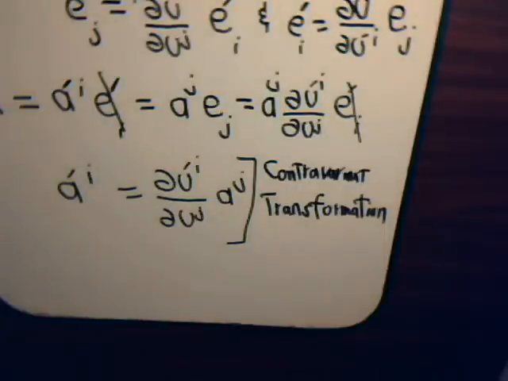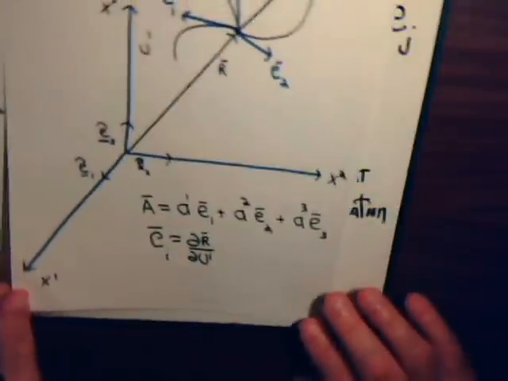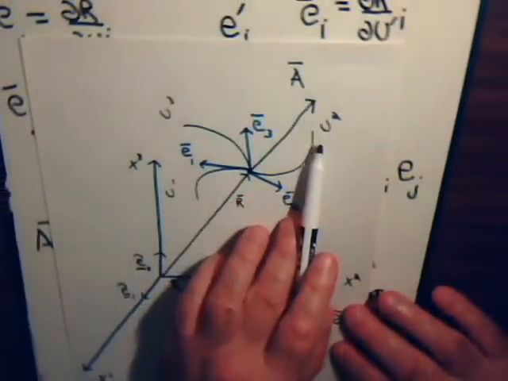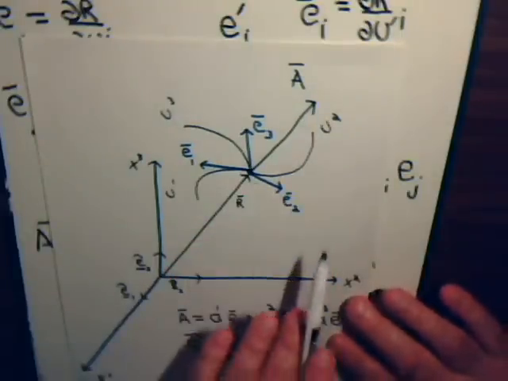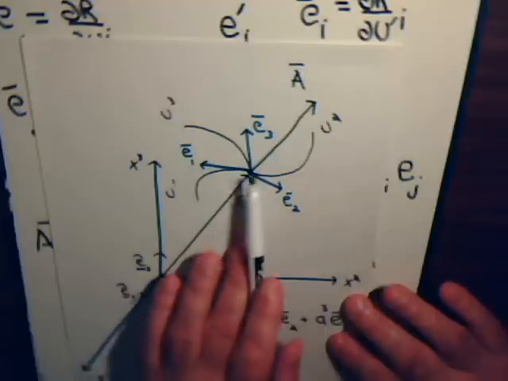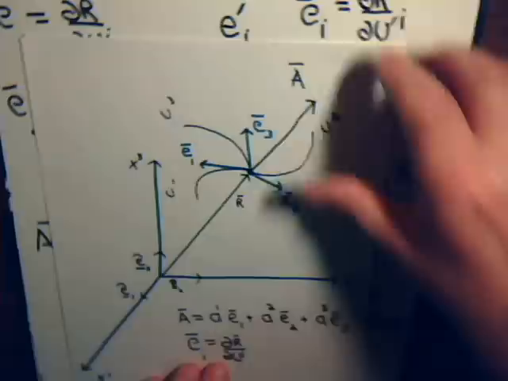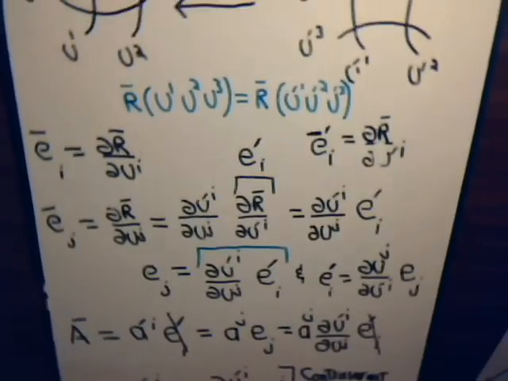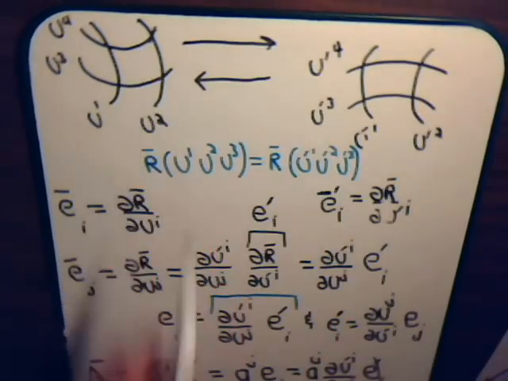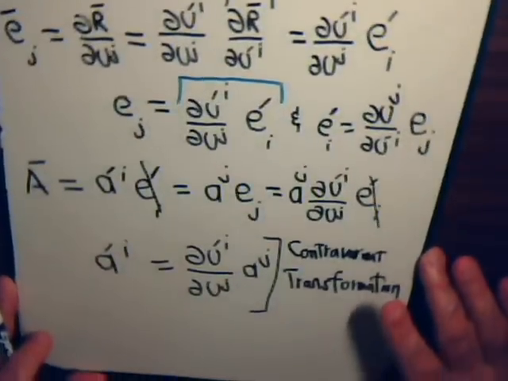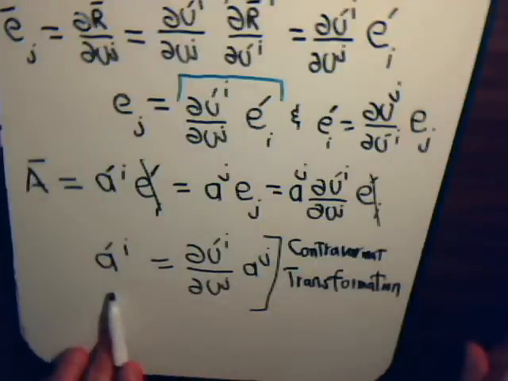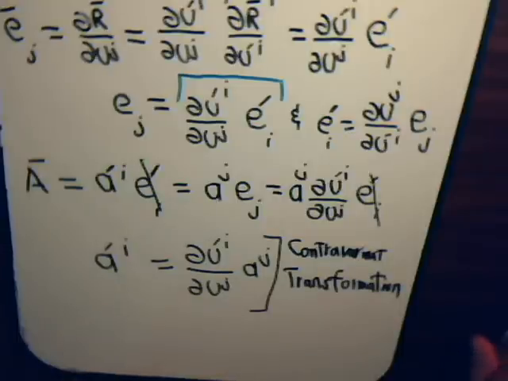So when we express a vector in terms of its components along each coordinate axis and designate those components with an uppercase superscript, then when we go from one coordinate system to another, the components of that vector transform along the pattern of a contravariant transformation. And we'll look at this and compare it to our previous results in the other videos in just a moment.